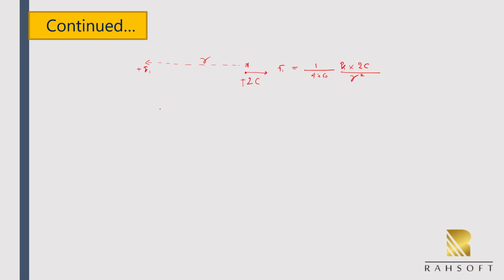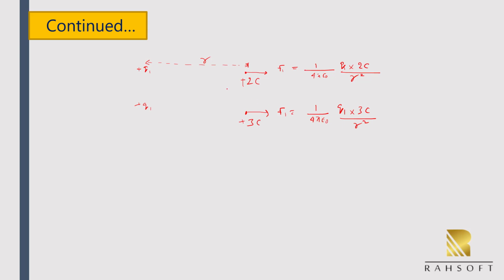In the second case, I am taking the same source charge Q1 and I bring another charge whose magnitude is plus 3 coulomb. So its force F2 is 1 over 4 pi epsilon naught, Q1 into 3 coulomb, divided by R square.